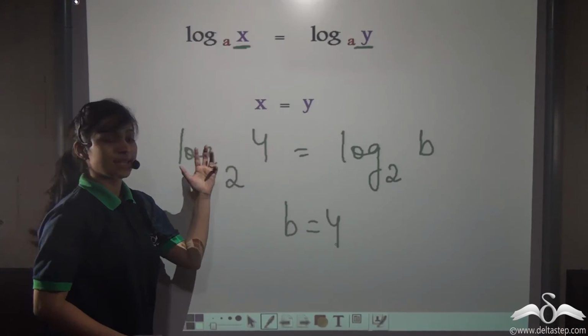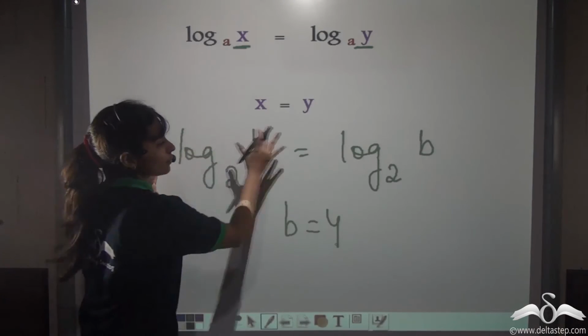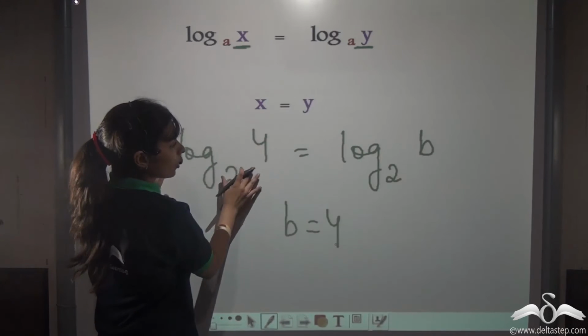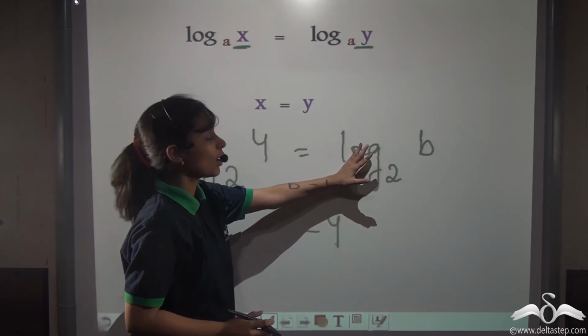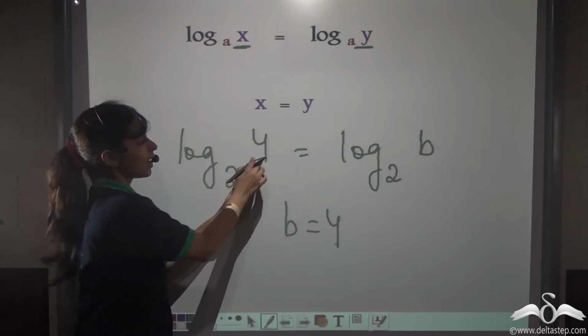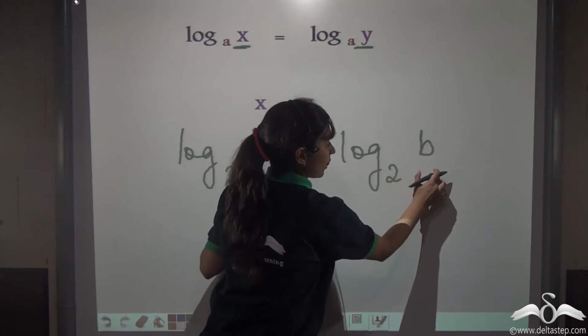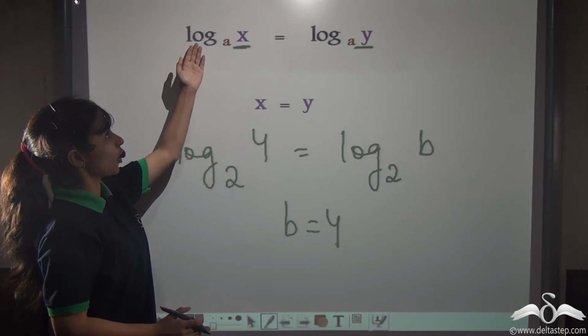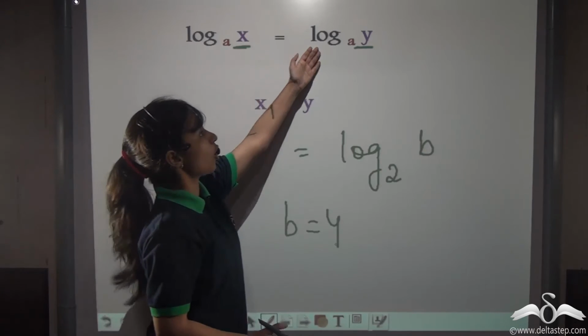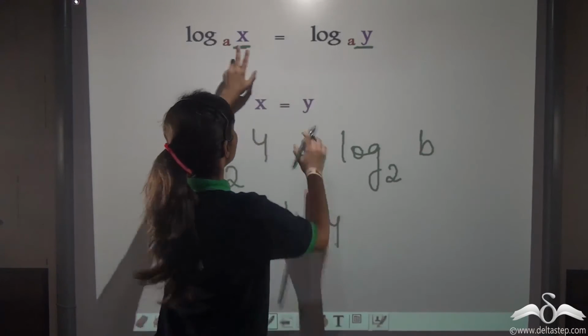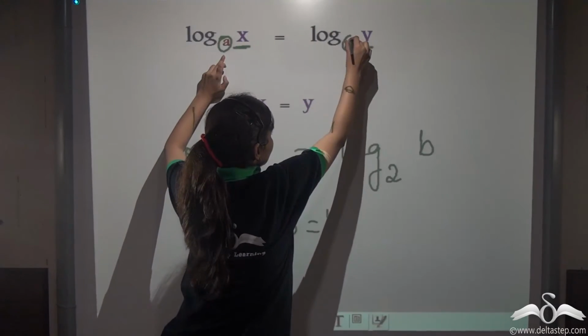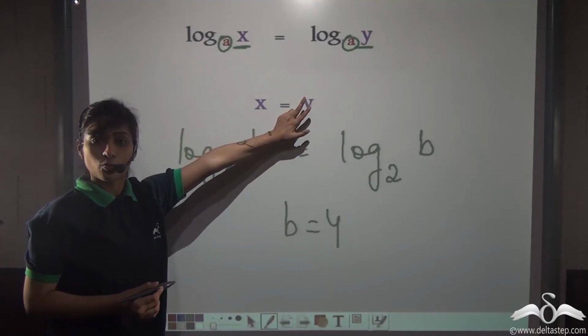If two numbers can be expressed like this, one log is the same as the other with the same base, then x becomes equal to y. So if log x to the base a is equal to log y to the base a, look at this, both have the same base, then x needs to be equal to y.